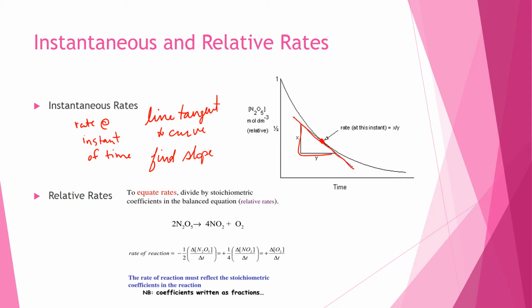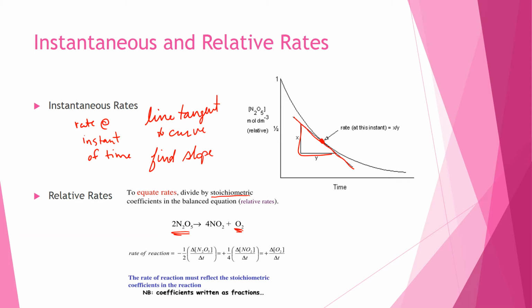For relative rates, this has to do with stoichiometry. When I have the rate of something, let's say O2, and I want to find the rate of N2O5, I have to set up a proportion basically. And the proportion is all about your stoichiometric coefficients.